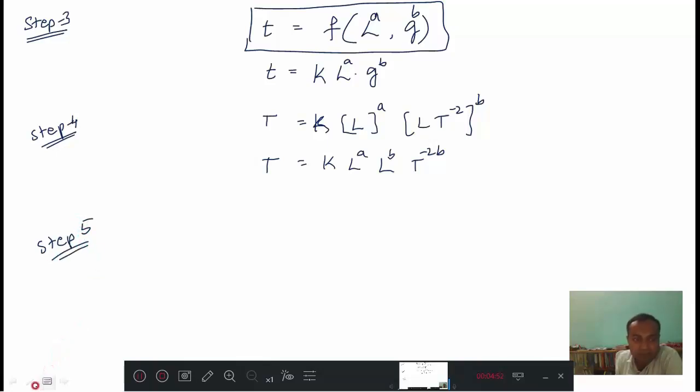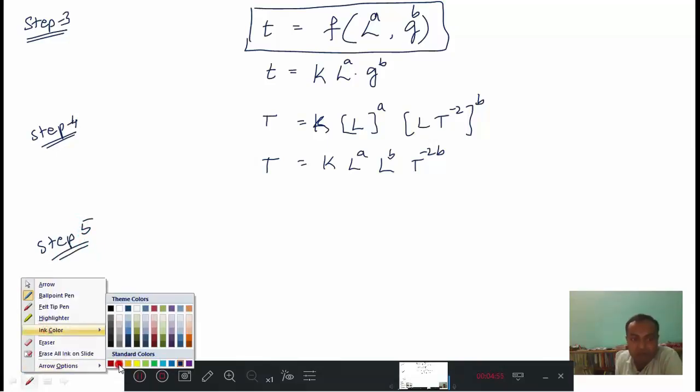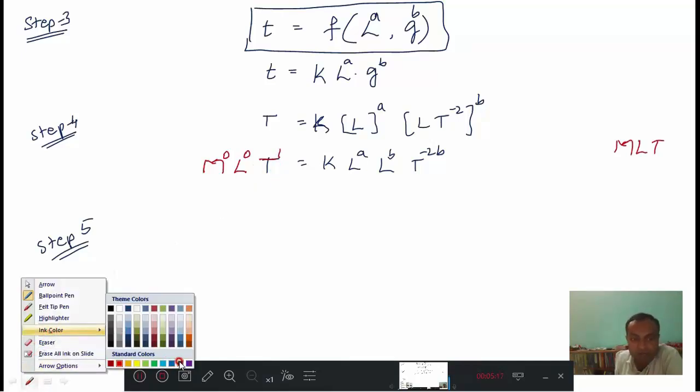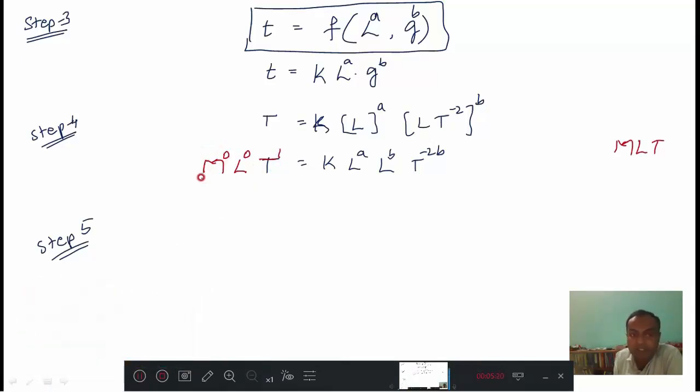Now we need to go to step 5. In this step 5 we need to equate the powers. First look here, the fundamental parameters are M, L and T, but we have only T, meaning here I will write M to the power 0 and L to the power 0, and T to the power 1. Right? Now I will equate the things. M is there, and on this side in the RHS we don't have any M term, therefore leave it.